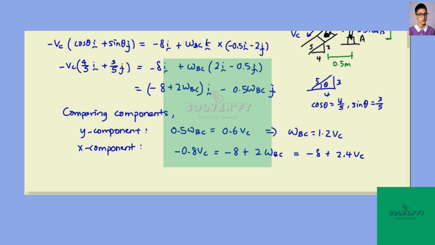And so we get 3.2 VC is 8, which means that VC is 2.5 meters per second. This is the magnitude, and the direction is along the 3, 4, 5 triangle. So this is VC.